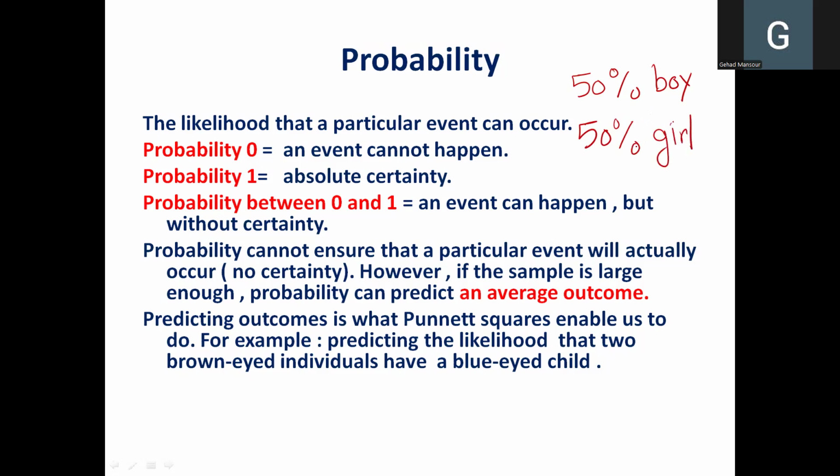This doesn't mean that in every couple half of the offspring will be boys and half girls. There are families where all the kids are males and other families where all the kids are females, or other families where the ratio is 3 to 1 in favor of the males or of the females.